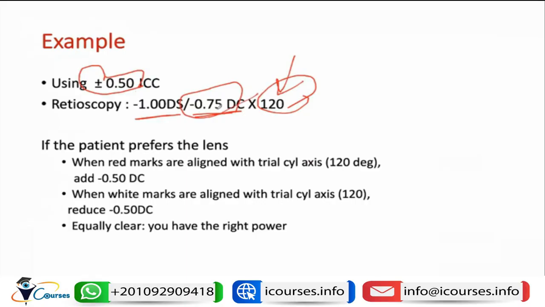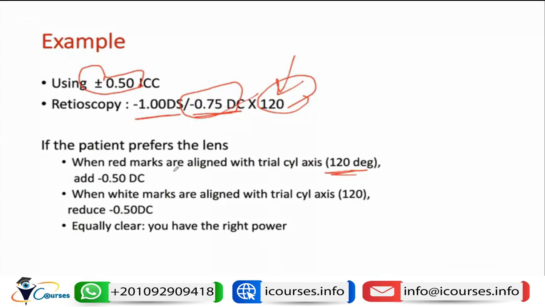So we put the Jacksonian cross cylinder with the red mark aligned with the trial lens axis, which is 120. By this, we add minus 0.5 diopter to the already present minus 0.75.